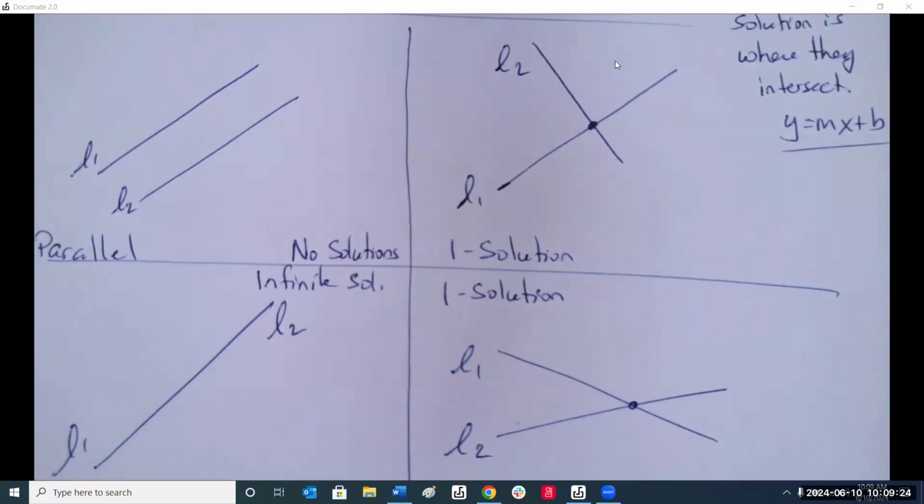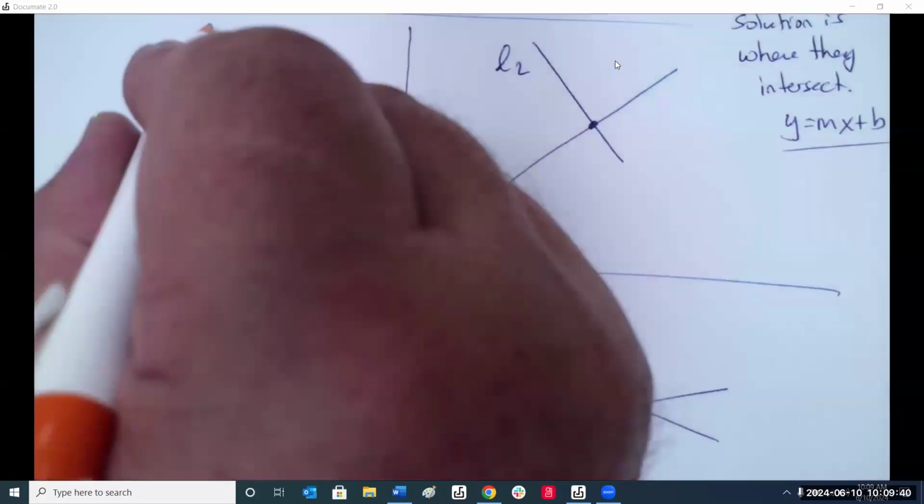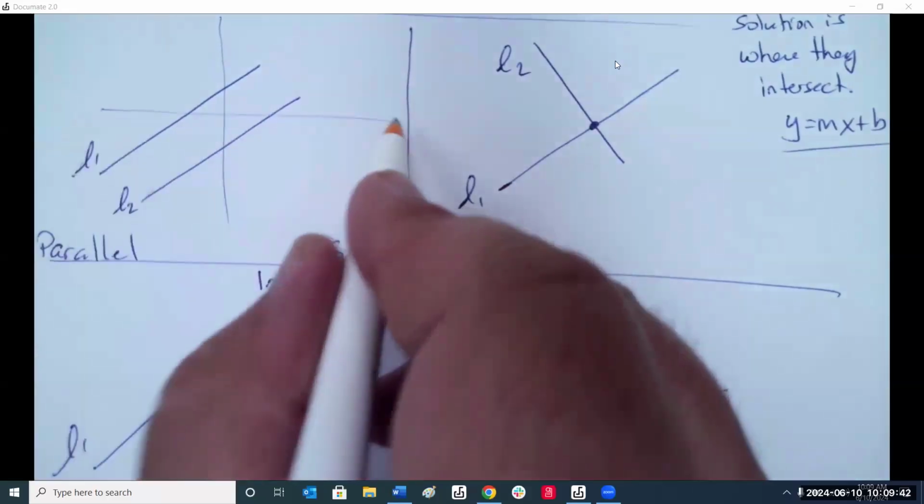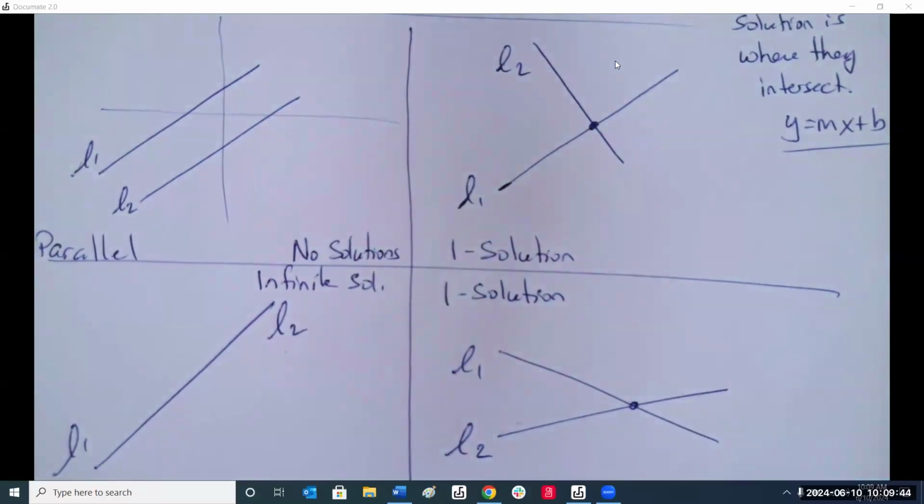This is if you see a picture. If you have two equations, how can you tell if they're parallel? Well, let's pretend that this is our grid. They can both have x-intercepts.